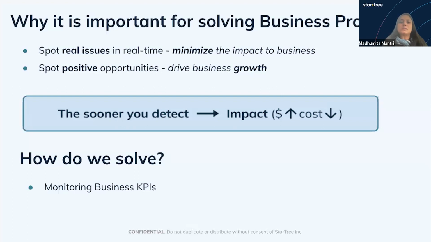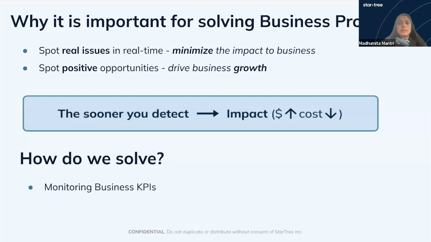It's also finding those positive opportunities, which most of the time we ignore and do not pay attention to. Spotting those positive opportunities is important to solve real business problems. Like if my business is suffering from driving business growth, spotting the positive opportunities is incredibly valuable, and solving it will definitely help solve my business problem of growth.